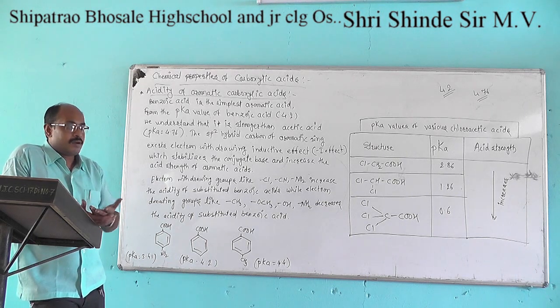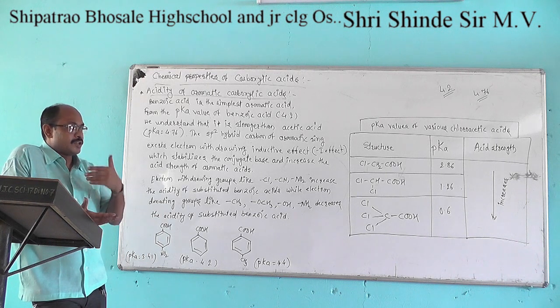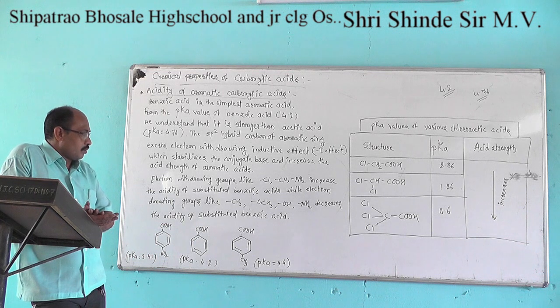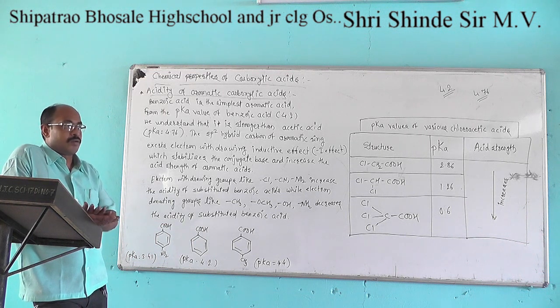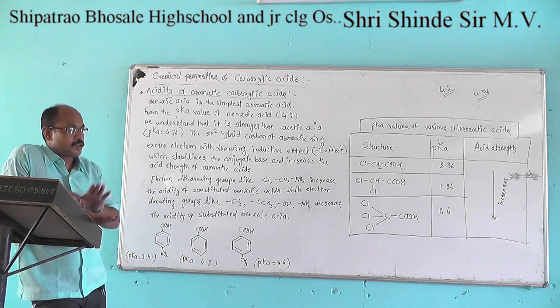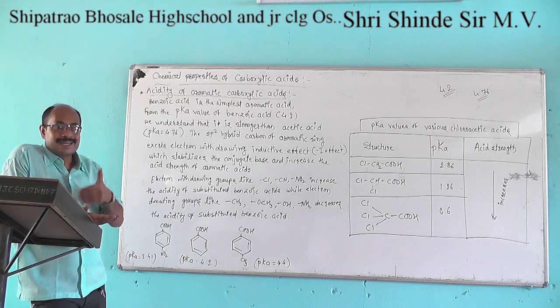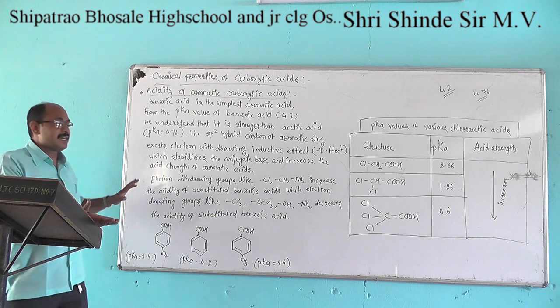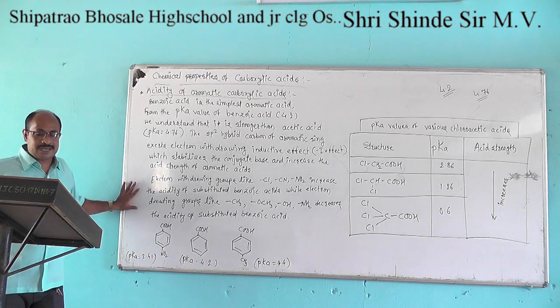But electron donating groups like the methyl group, or we can say the alkyl group, the alkoxyl group, the amino group, decrease the acidity of the substituted benzoic acids.